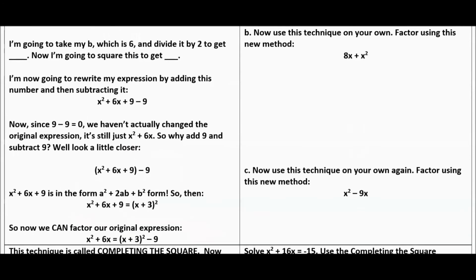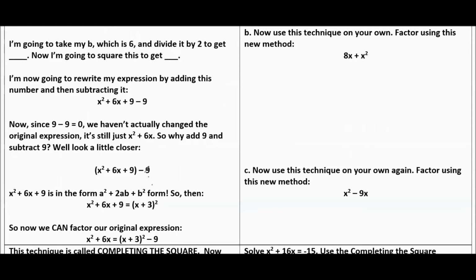That x squared plus 6x plus 9, the first 3 terms here, is a perfect square trinomial. It can be factored from the a squared plus 2ab plus b squared form, which it's in right now, back into quantity a plus b squared.